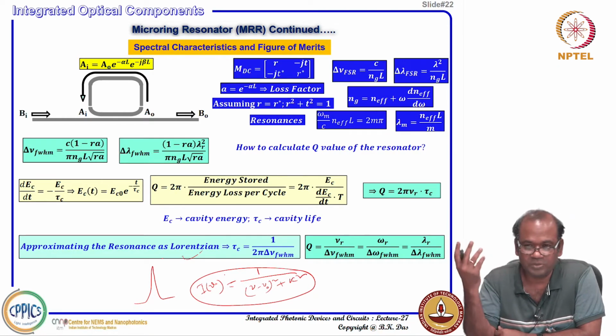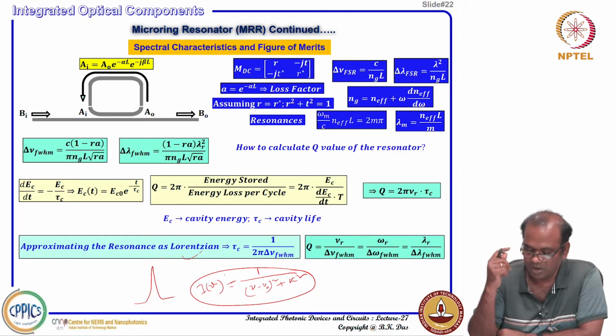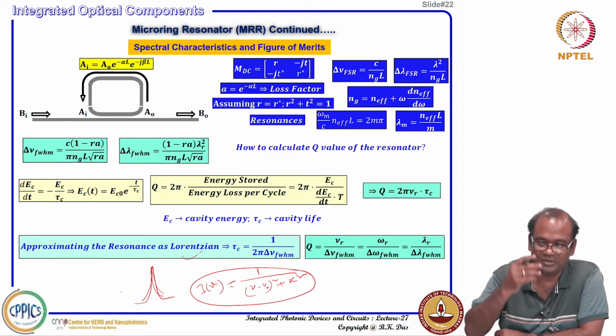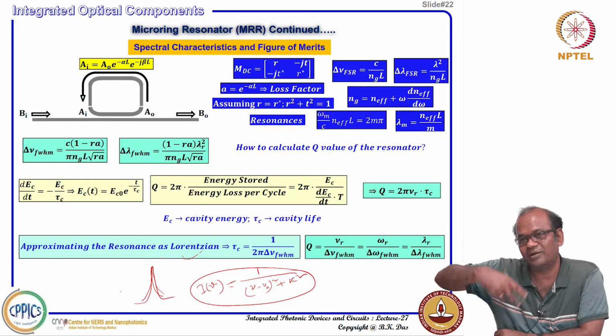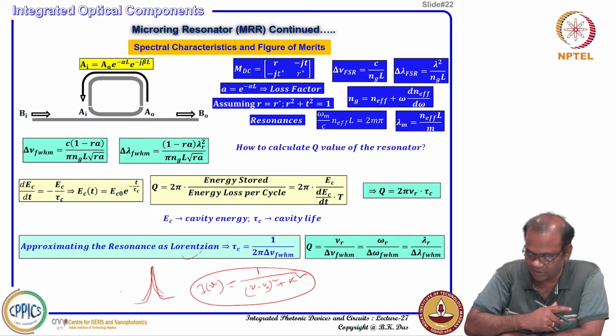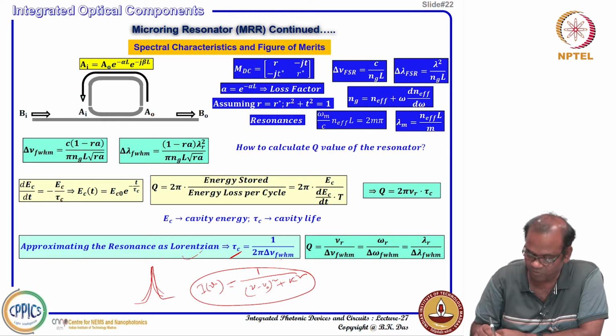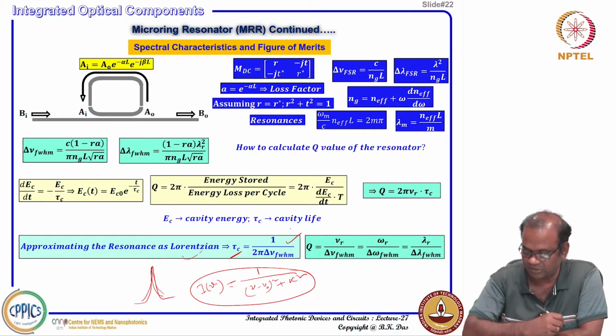From Fourier analysis, we know that if a spectrum is Lorentzian, we can consider it a very good quality ring resonator. The spectral nature looks almost like a Lorentzian, and for a Lorentzian, the decay time constant and the full width half maximum are related by this expression.